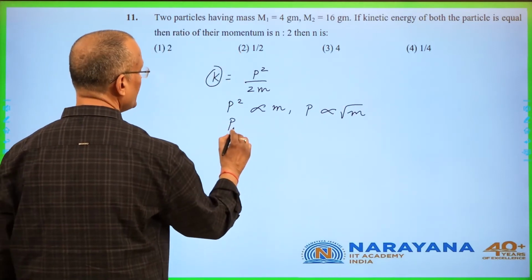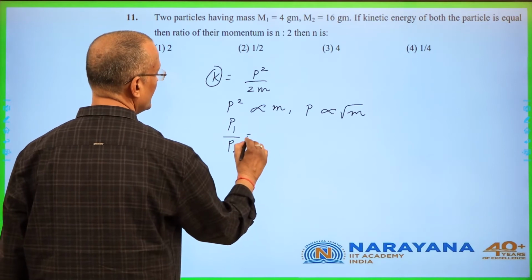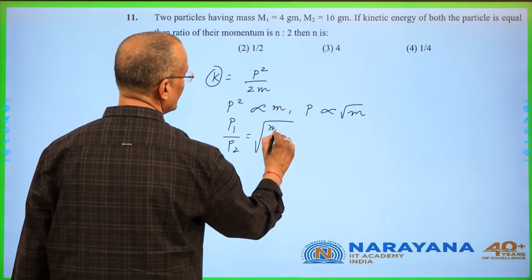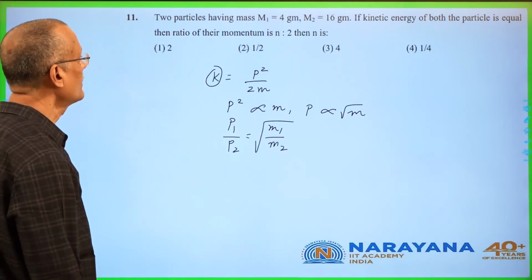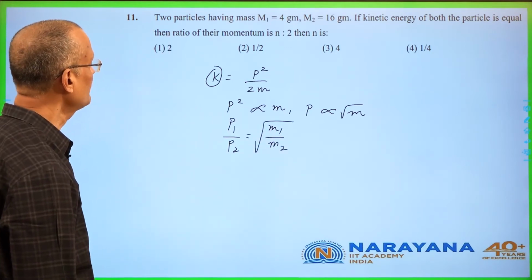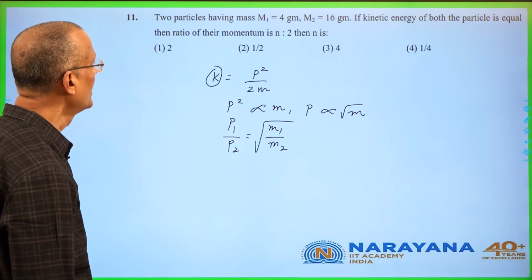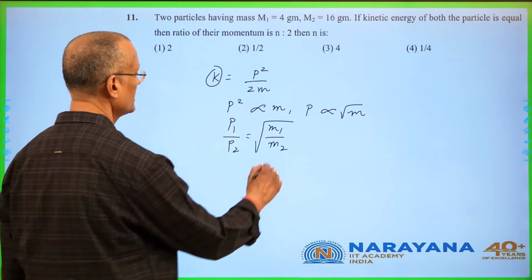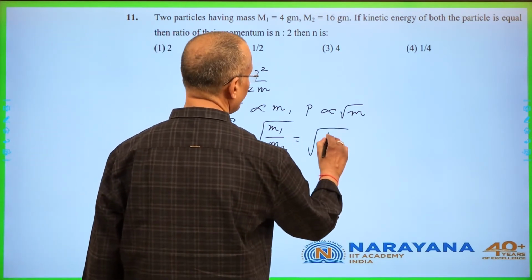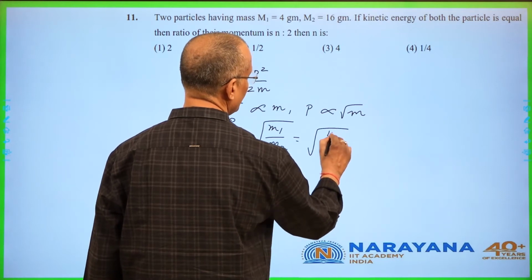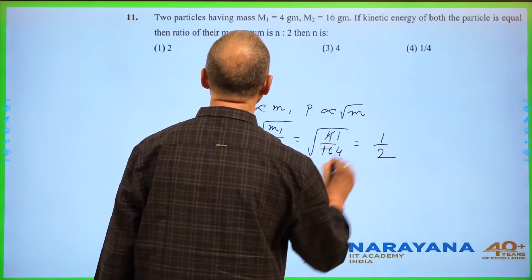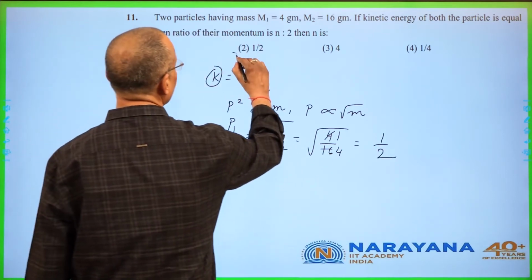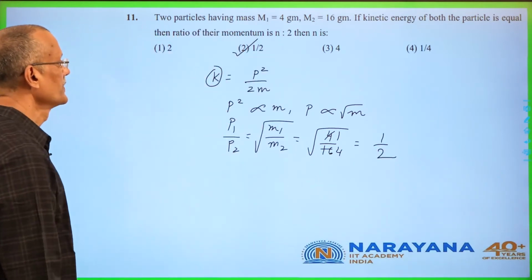So P1 by P2 will be under root m1 by m2. They have given m1 as 4 and m2 as 16, so this is 4 by 16, 1 by 4, root of which is 1 by 2. Your answer will be number 2.